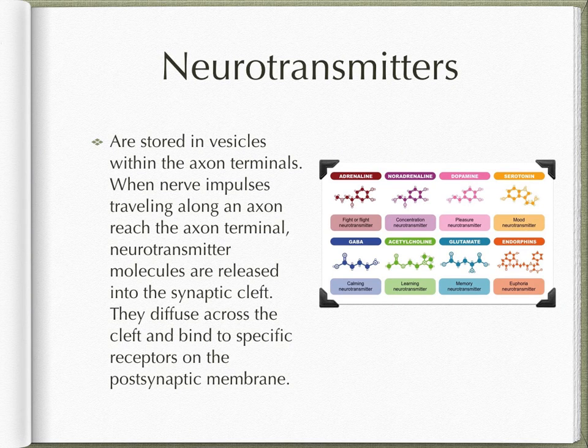When nerve impulses traveling along an axon reach the axon terminal, neurotransmitter molecules are released into the synaptic cleft. They diffuse across the cleft and bind to specific receptors on the postsynaptic membrane. They are in charge of some things such as adrenaline, dopamine, serotonin, etc.